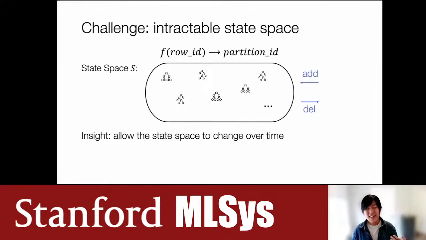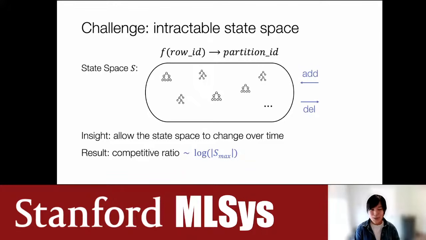So that's the main technical challenge in this work: how to adapt traditional online algorithms to work with a state space that can change over time. And we show that we can modify the setup to do this and can achieve a competitive ratio that's on the order of log of the maximum size of the state space.